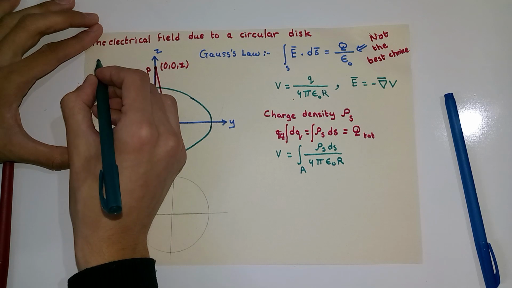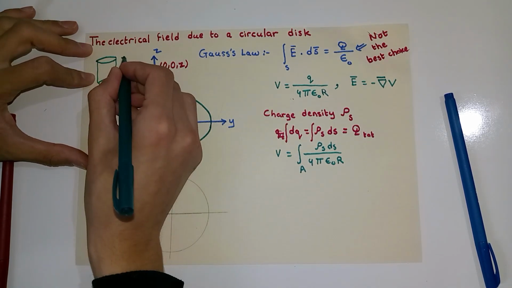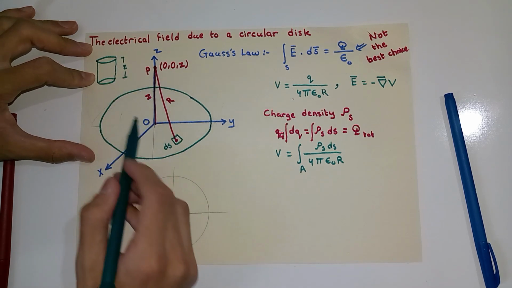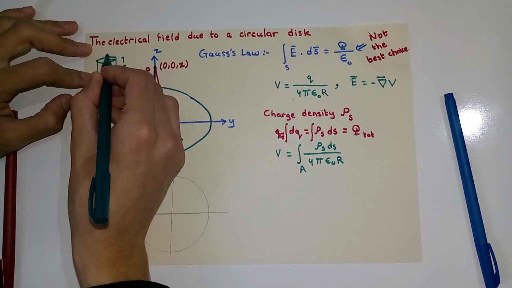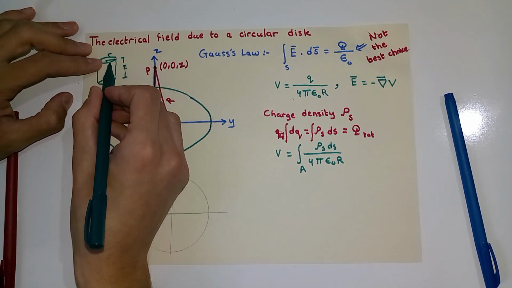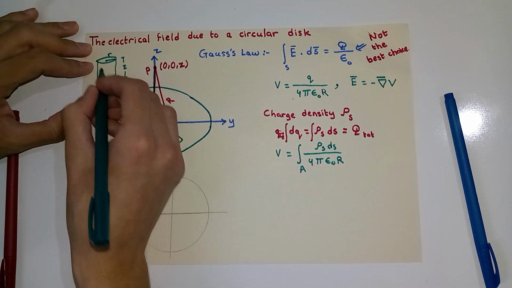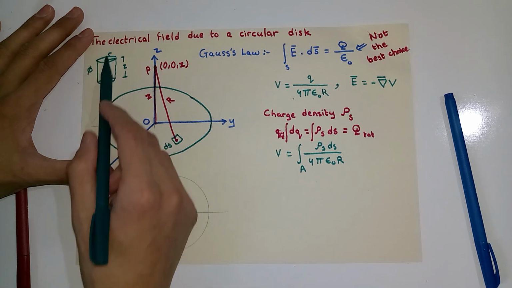Try to compare it with this cylinder. In this cylinder, we have 3 axes: z, which is the height of this axis, and r, which is the radius of the base of this cylinder, and we have the azimuthal angle phi. In this case, we can easily determine these 3 axes.